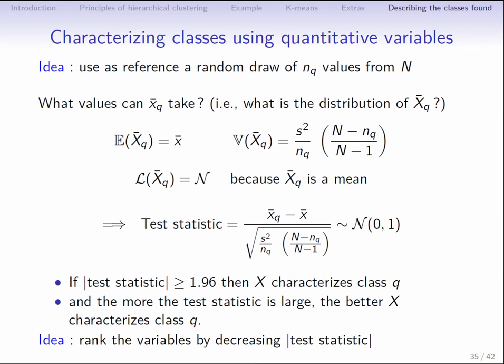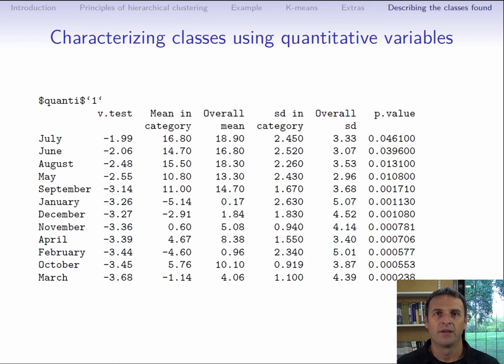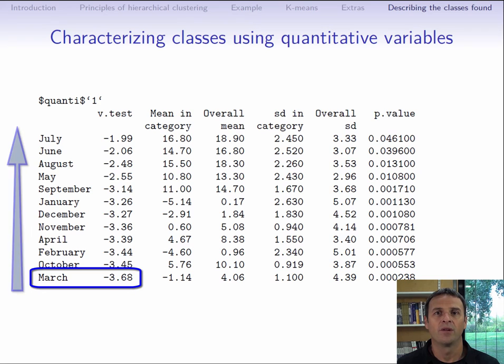So what we can do is rank the variables in terms of increasing absolute value of the test statistic. Here are the results for the black class. The test statistic has the largest absolute value for the month of March. We need to read this table from the bottom up because the actual test statistic values are negative here, so the most extreme ones are at the bottom.